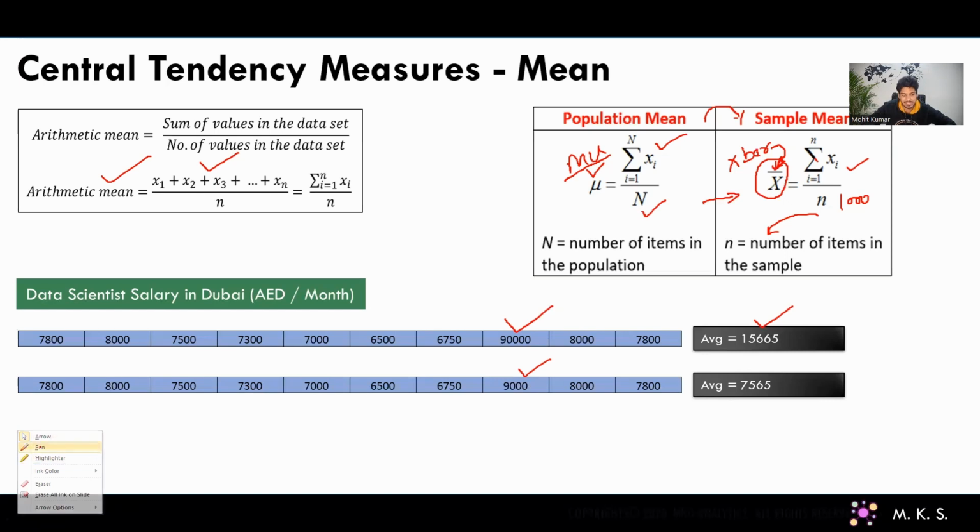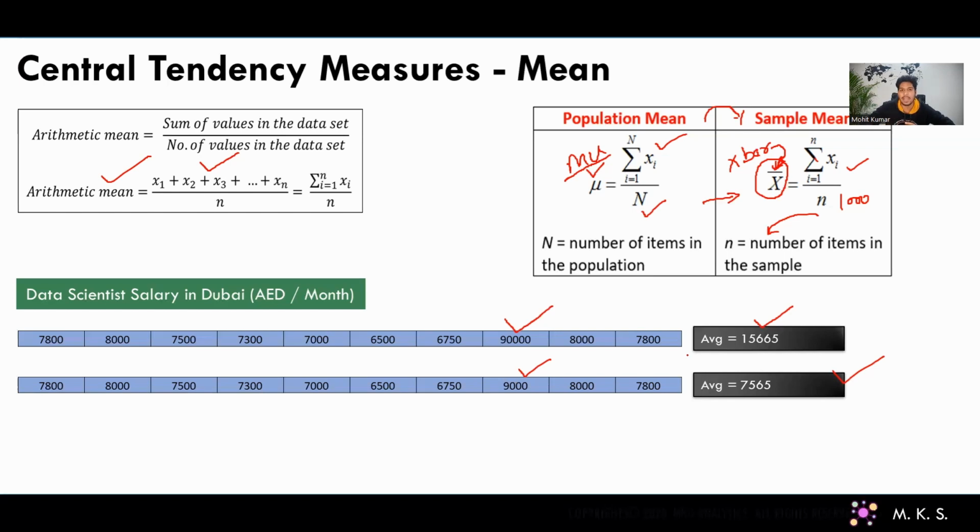Now this is pretty interesting, guys. Remember this point. Now what's happening? Here we had 15,665 and here 7,565. Now what is the difference? There is only one difference we have made, that is, from 90,000 we have made the value 9,000. Now because of this, what happened? The mean value has reduced.